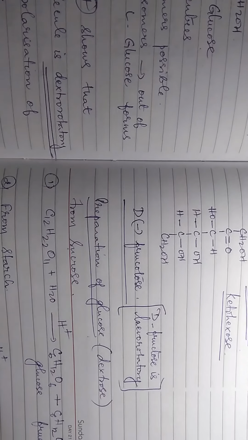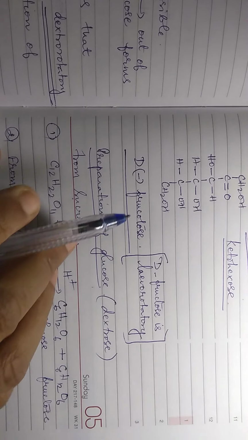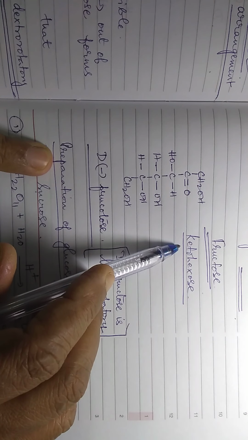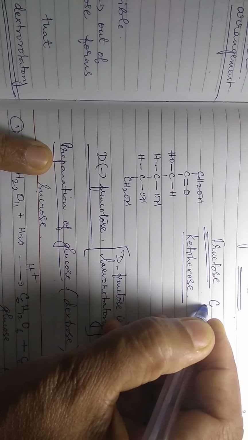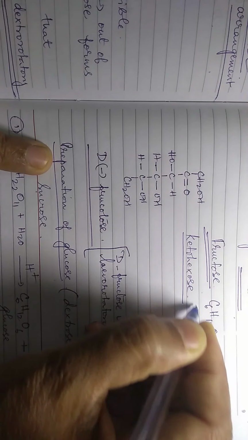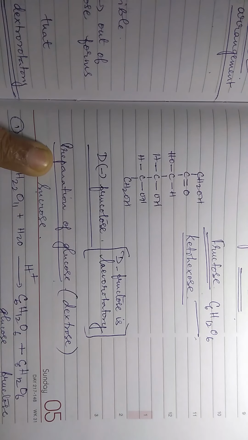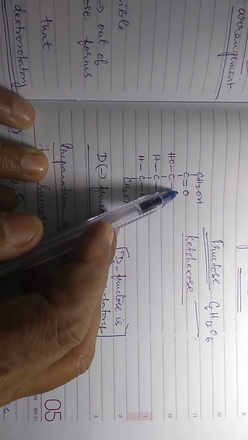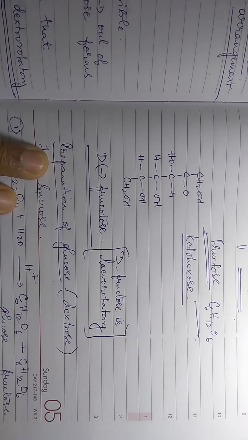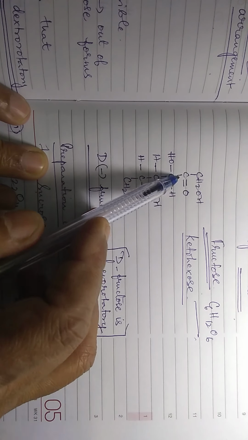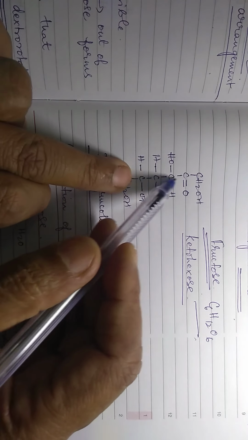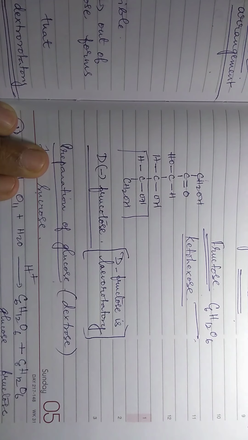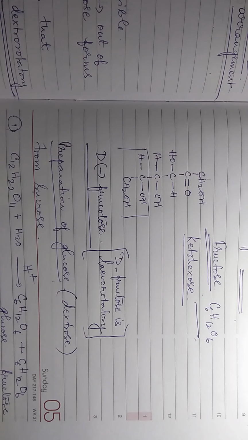Okay, now same way for fructose also you can say, this is fructose, it's a ketohexose. This is also having the same molecular formula C6H12O6. It is a ketohexose. That means there is a ketonic group, and the ketone group cannot be at the top. You know it very well. Okay. So it is at the second position, and look at the way it is written here. Again, this part is the same, is it not?